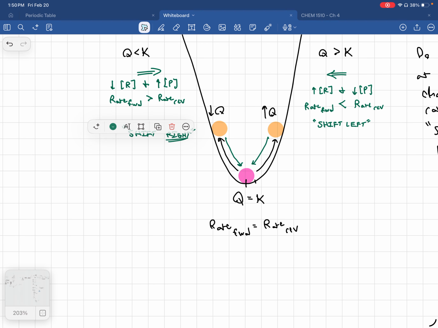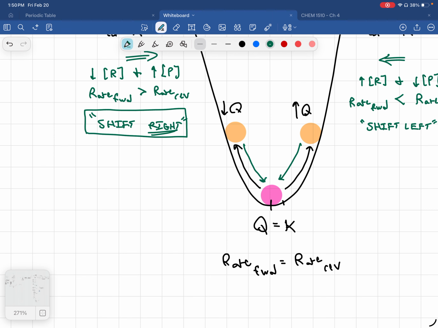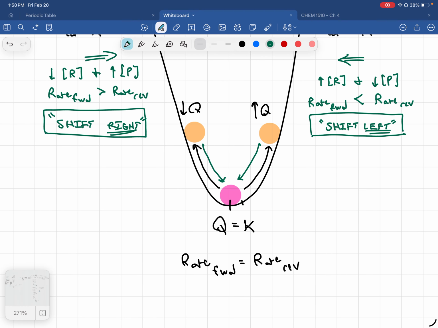So let's look at these scenarios. What are things that cause the forward rate to be higher than the reverse rate, such that the system will need to shift to the right to reestablish equilibrium?